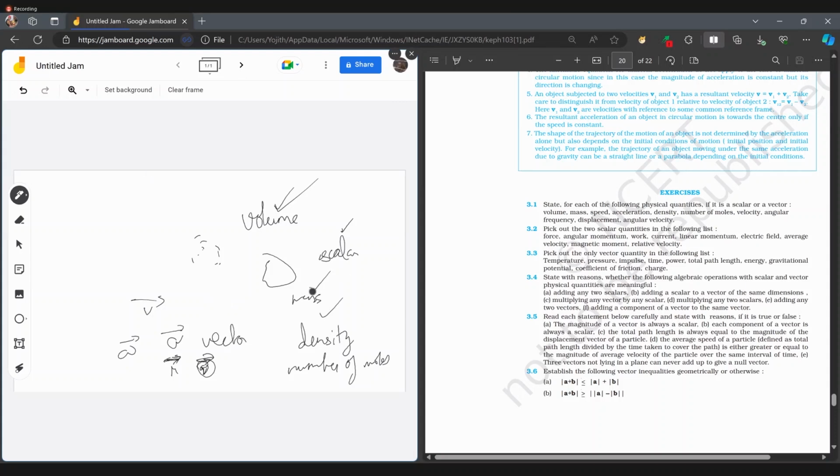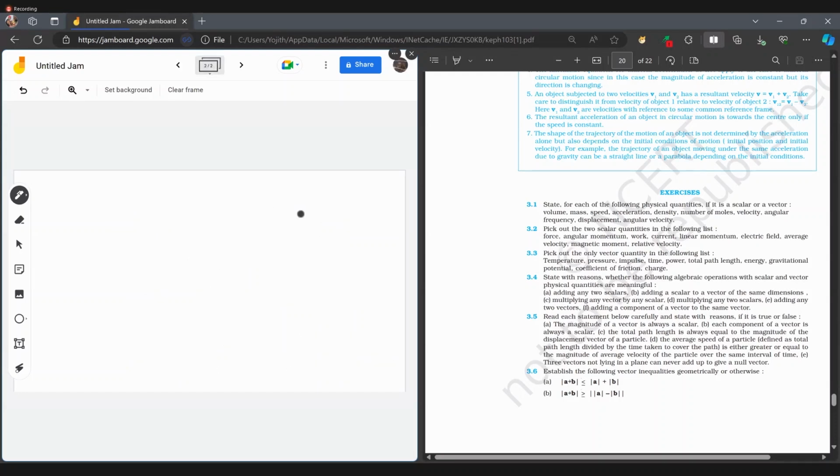Okay, what do we know? We know that impulse is the product of force and time. Since time is a scalar quantity, when you multiply a scalar quantity with a vector quantity, it becomes a vector.